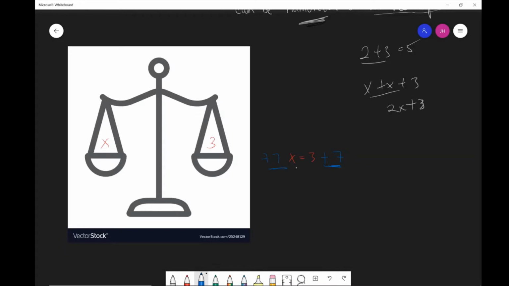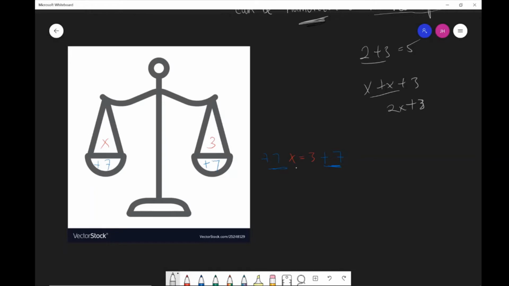Because coming back to the image of this balance, if I add 7 in here without doing anything on my left side, the right side of the balance will be too heavy and it will sink in. So to give itself a balance, you also have to add 7 on the left side. Now they are of another equal weight.